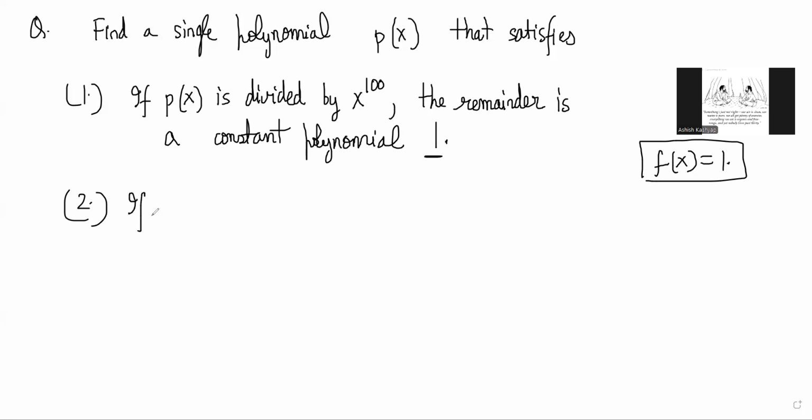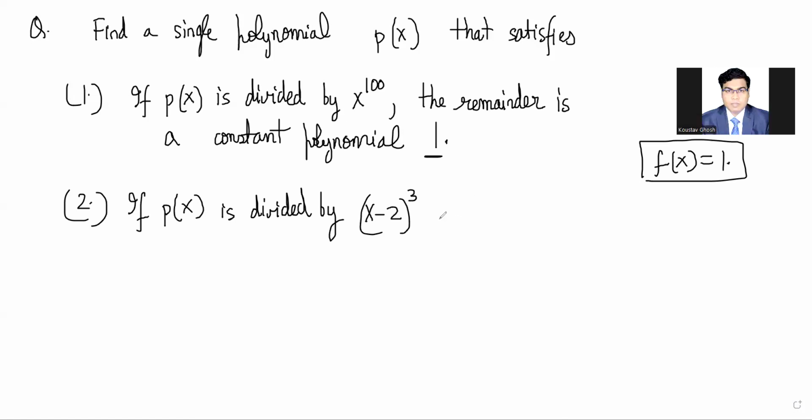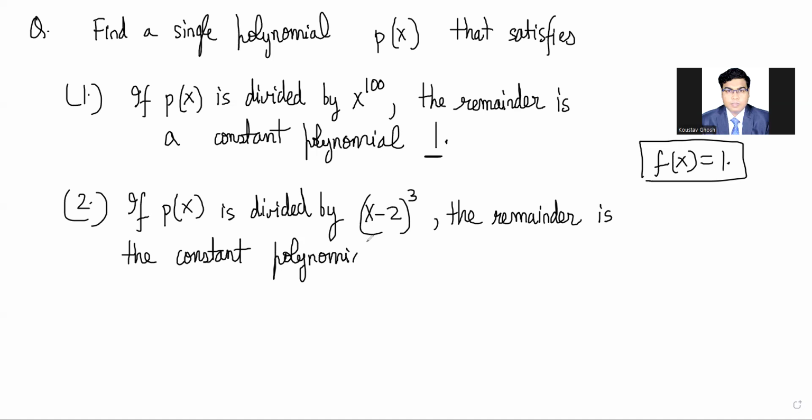And the second property is if P of x is divided by x minus 2 whole cube, the remainder is the constant polynomial 2.